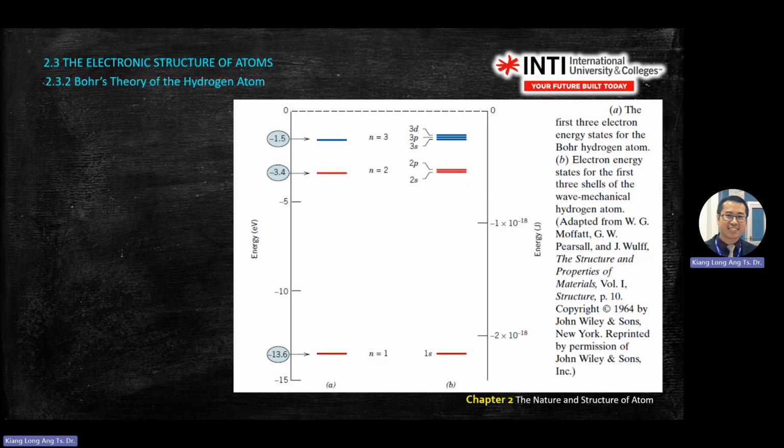This layer is minus 3.4 eV. It means the energy inside the orbit of the electron is minus 3.4. In the ground state it is minus 13.6 eV. So what is the energy needed for it to jump from n number 2 to n number 1? What is the energy?